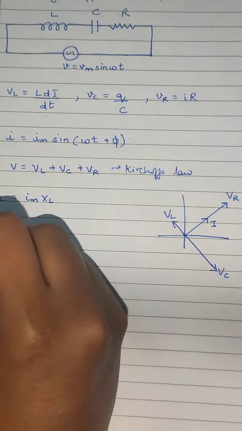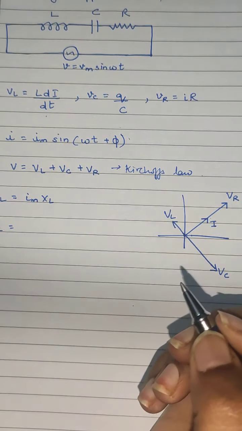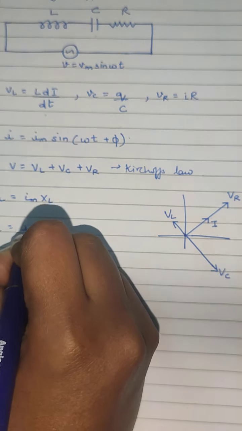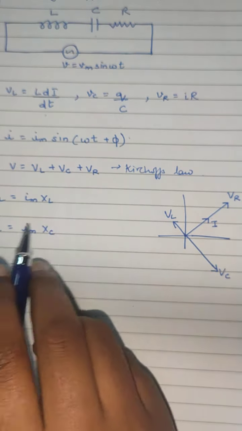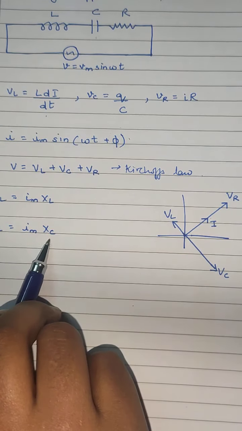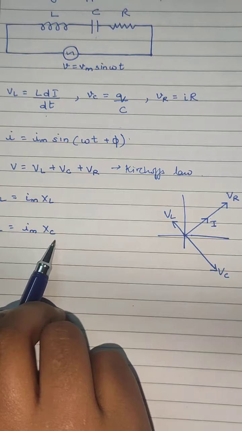Same way, VC, the peak voltage of the capacitor, is Im XC, where Im is the peak amplitude of current and XC is the capacitive reactance.